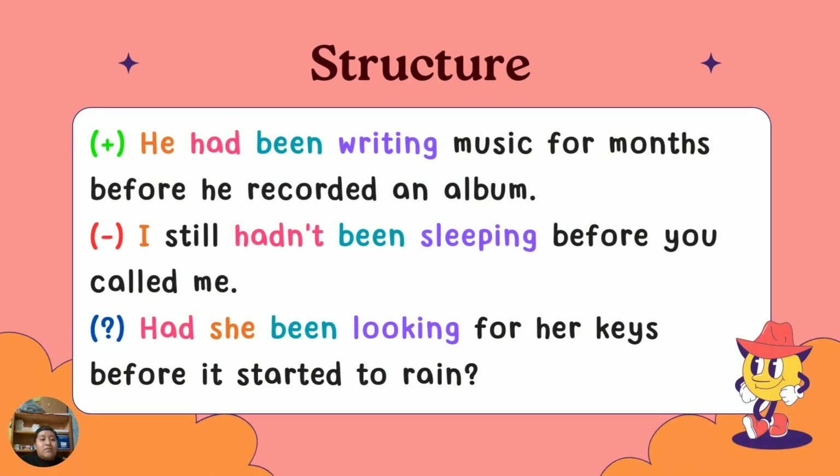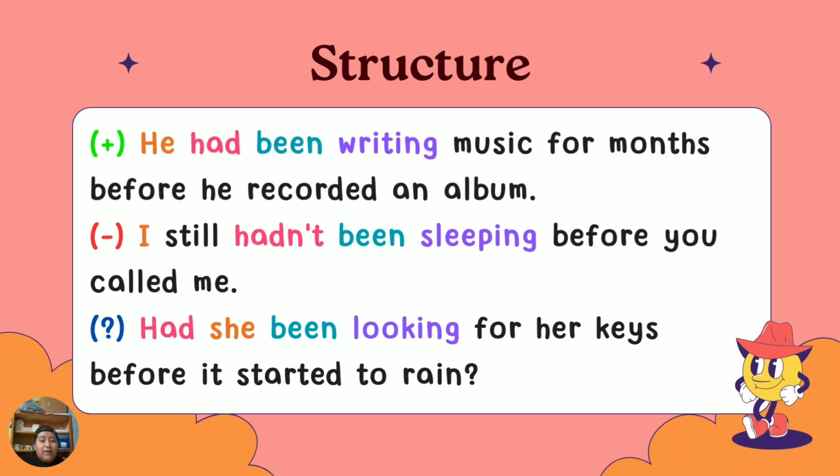More examples. In the positive form, he had been writing music for months before he recorded an album. The subject, he, the auxiliary verbs had been, the main verb with the ing termination, writing, and the complement.